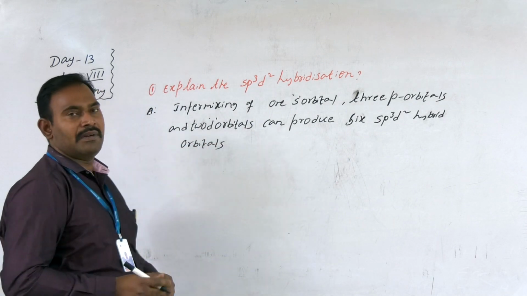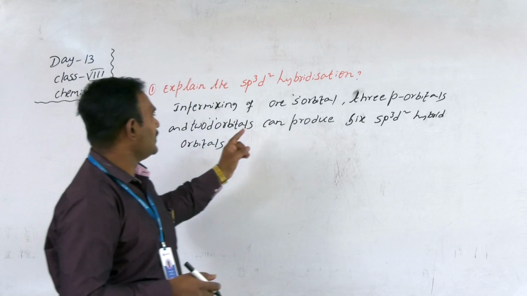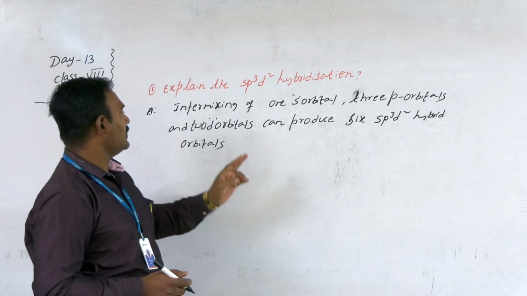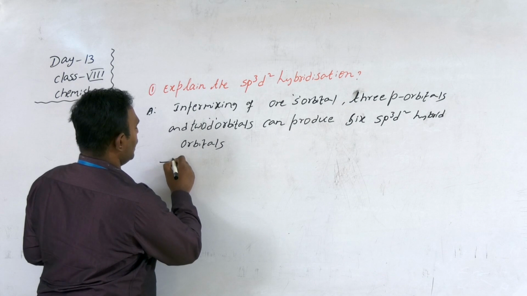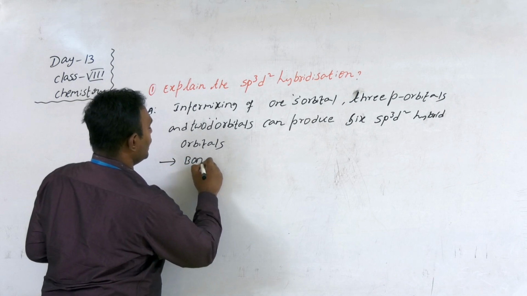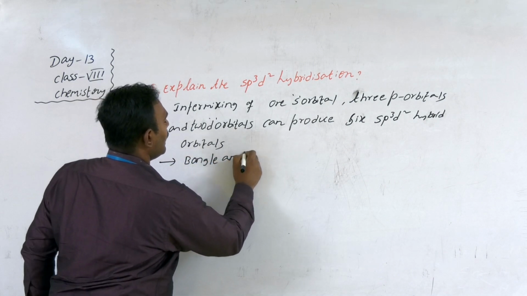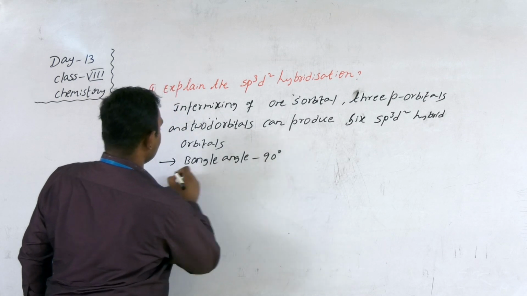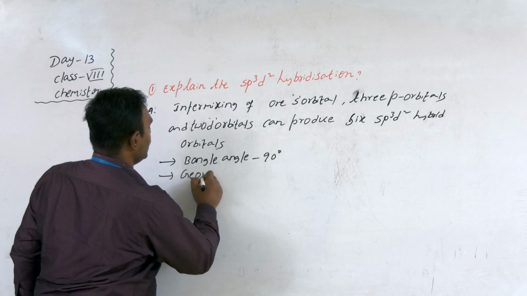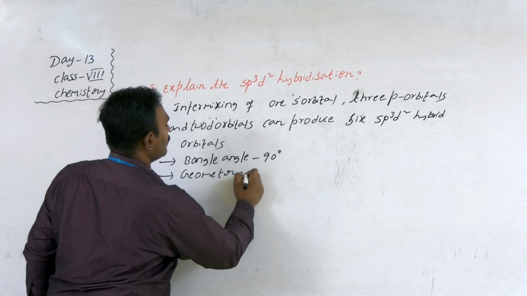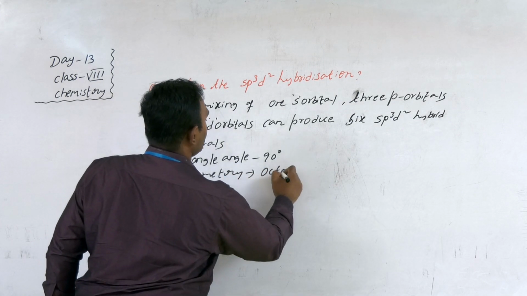So in the sp3d2 hybridization, there is intermixing of 1 s orbital, 3 p orbitals and 2 d orbitals. And see here, the bond angle is 90 degrees and the geometry or shape of the molecule is octahedral.